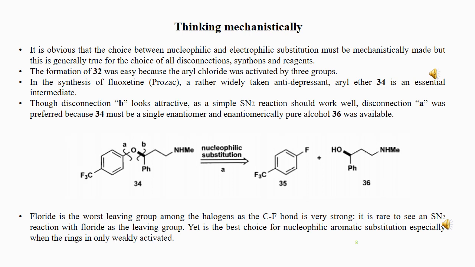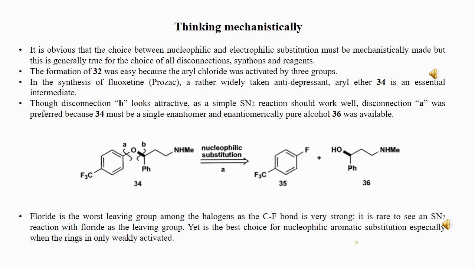So this is the best choice for nucleophilic aromatic substitution, the fluoro leaving group, especially when the ring is weakly activated. As we can see here in 34, only a CF3 group is attached, and in 35, only CF3 is attached over here.